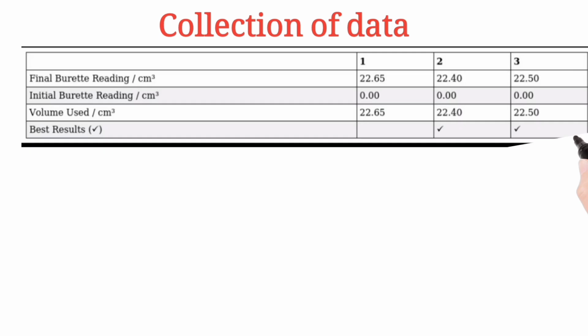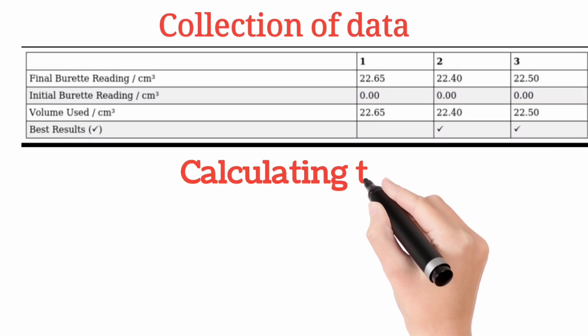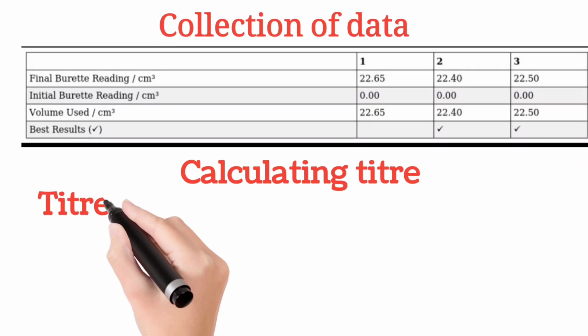Now we have our values, the data we have collected. How do we calculate? Bearing in mind that in calculation, we ignore 1, which is the approximate, and we work just with 2 and 3. Let's move to our calculation.